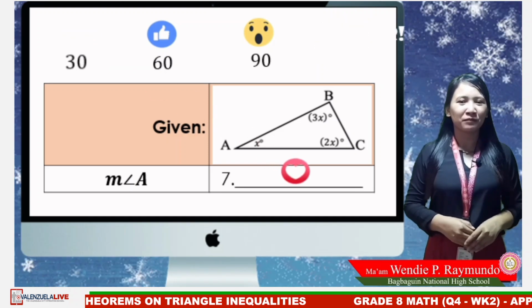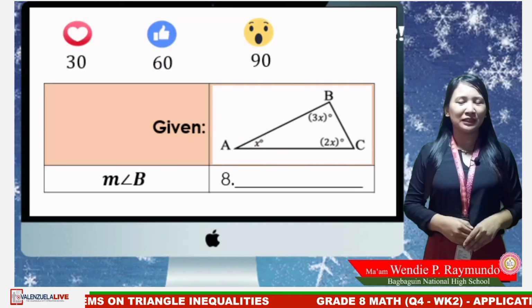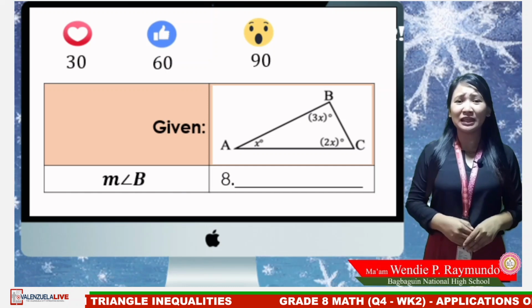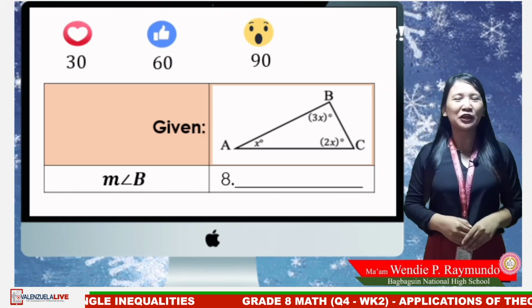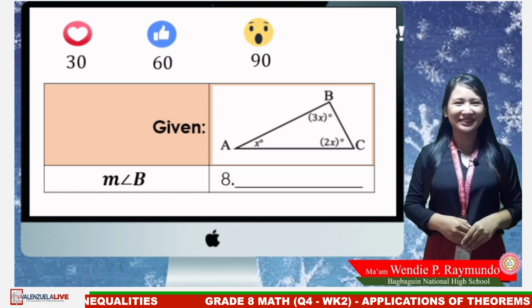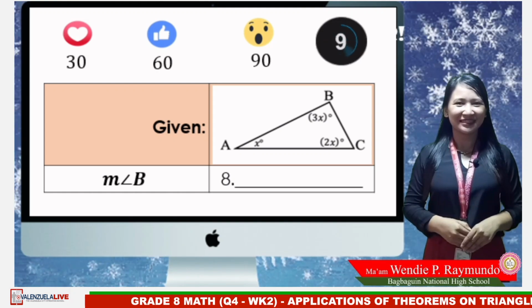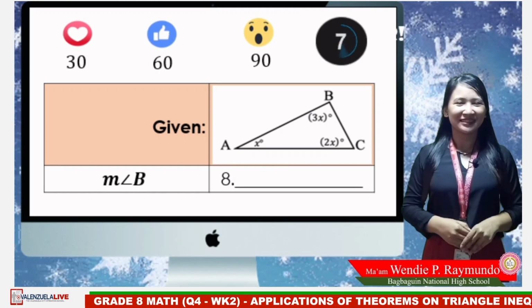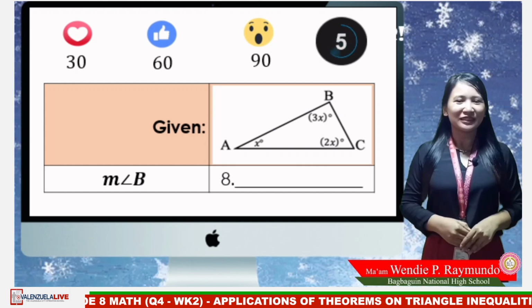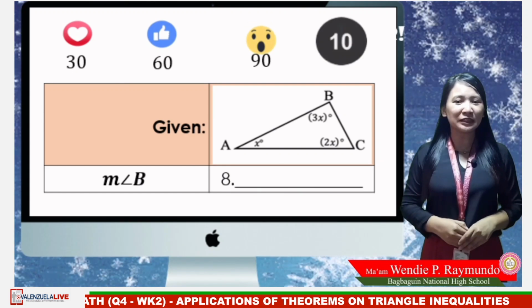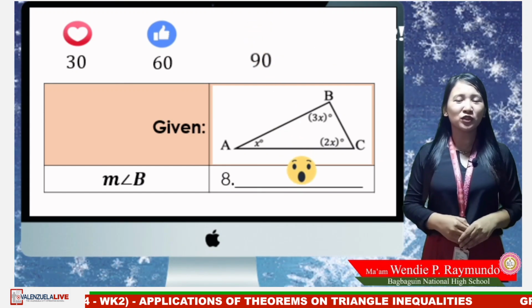Number 8. Measure of angle B. Is it 30, 60, or 90? Comment your answer. The measure of angle B is 90, which is wow.